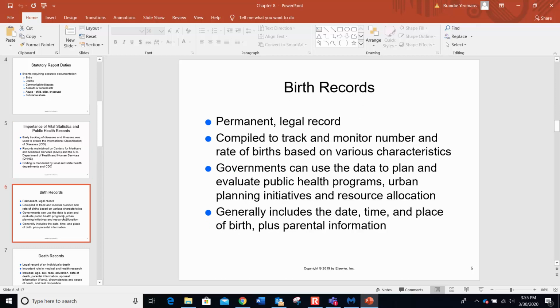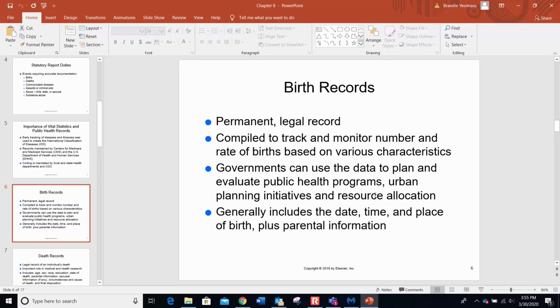So let's start out by talking about birth records. A birth record is a permanent and legal record that basically says, hey, this person has been born. It's compiled to track and monitor the number and the rate of births based on various characteristics.